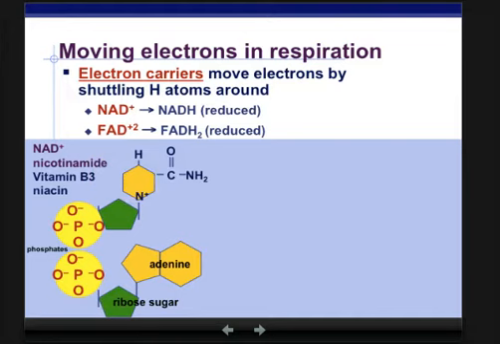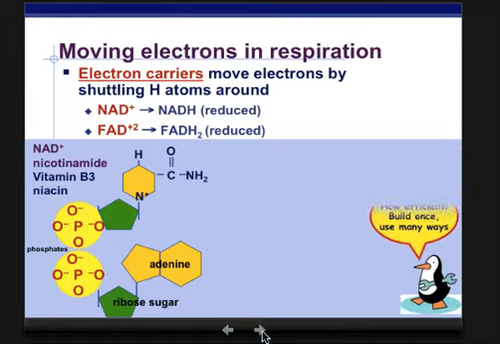The reason we're talking about vitamin B3 here is that nicotinamide is known as vitamin B3, niacin, which is majorly responsible for energy production because it has a role in becoming NAD. So the vitamin B3 is the nicotinamide part. And that vitamin's important in energy metabolism, obviously, because it's involved in moving electrons around.